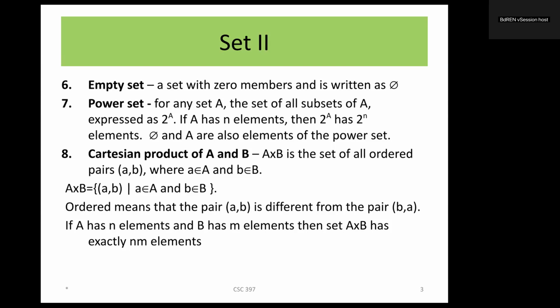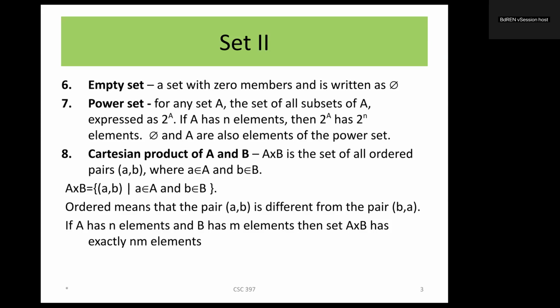You can think of it like an empty box, and it's a subset of every other set. I think you got the notation. Basically, we are familiar with this, phi.